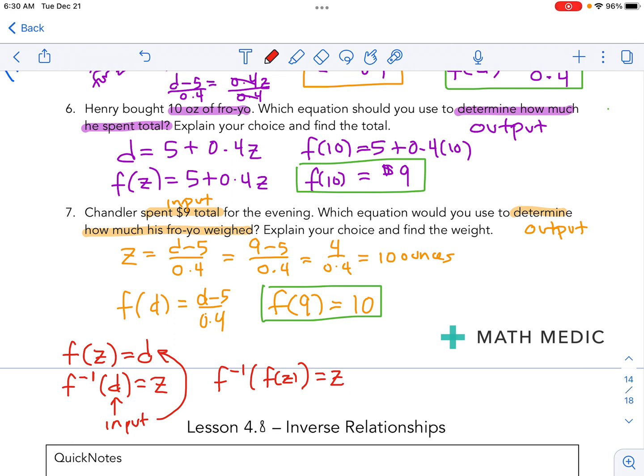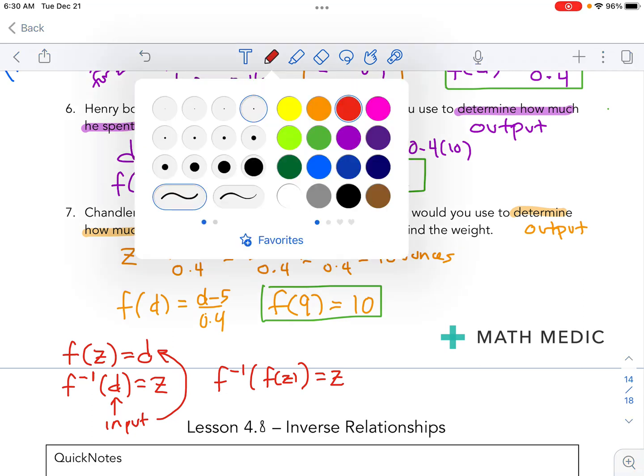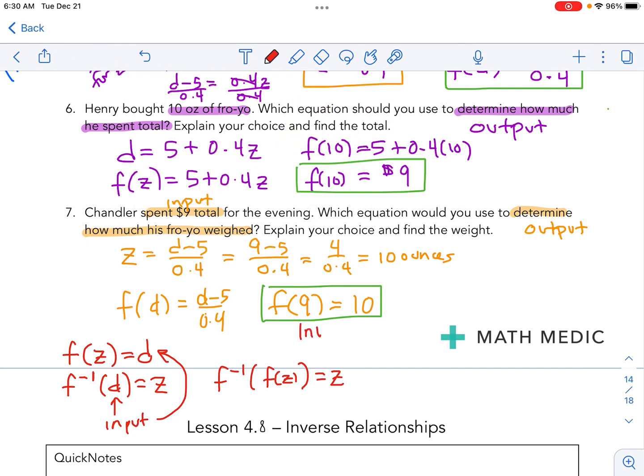So for instance, in regards to questions 6 and 7, if I take the inverse of 9, f inverse of 9 equals 10, and then f of 10, I get 9.